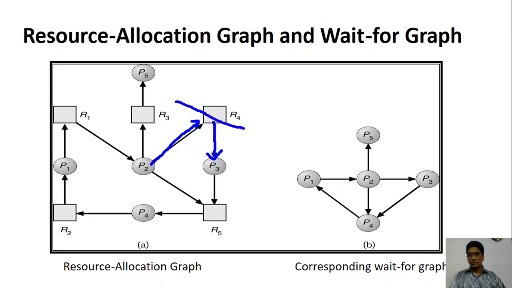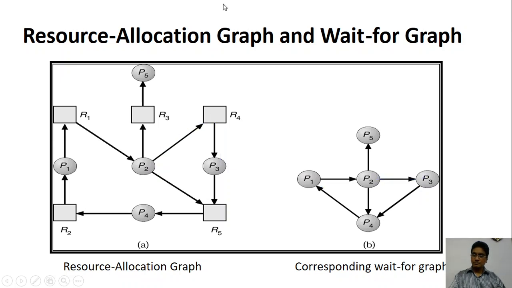So if you remove this part, you get a direct edge here. Instead of drawing a curve like this, you can straight away say P2 is waiting for P3. What is the meaning of that? P2 is waiting for a resource that is already given to P3.